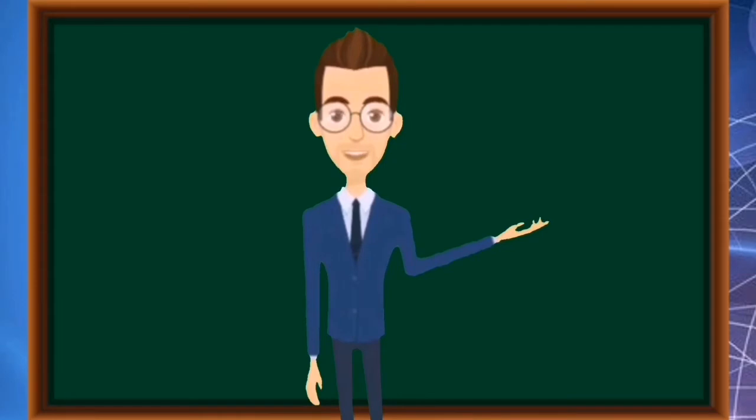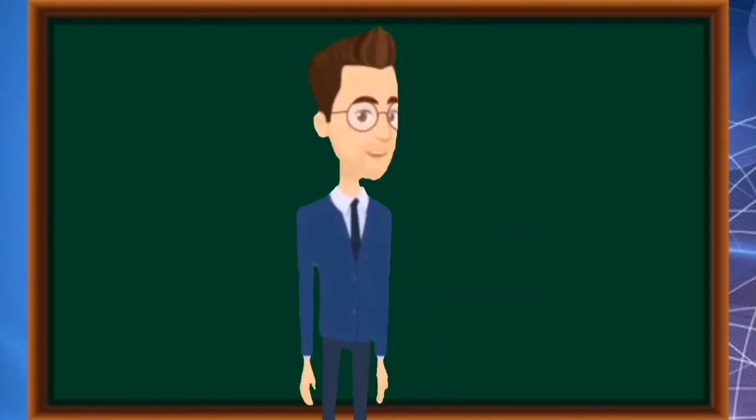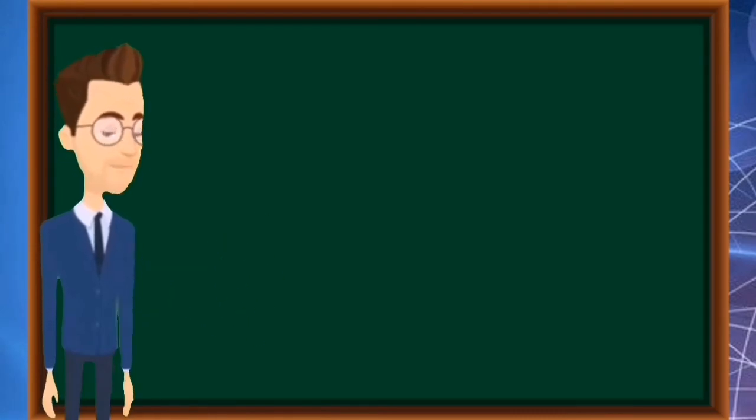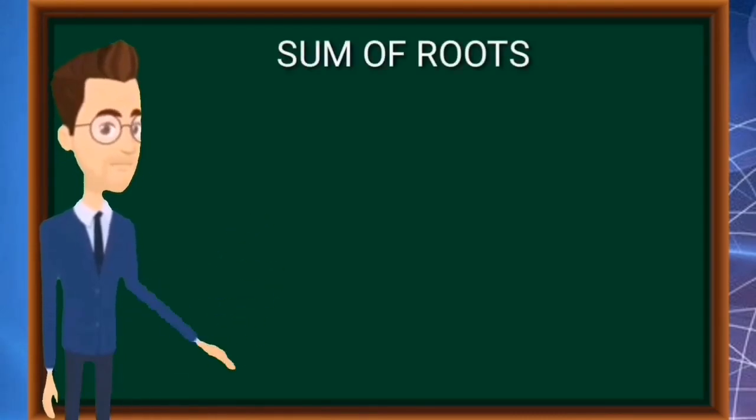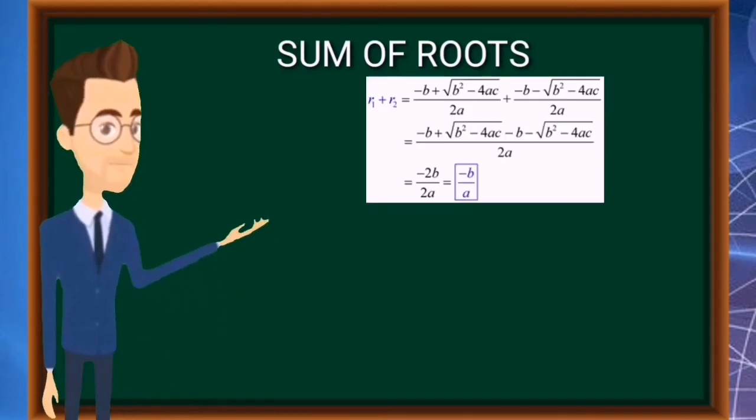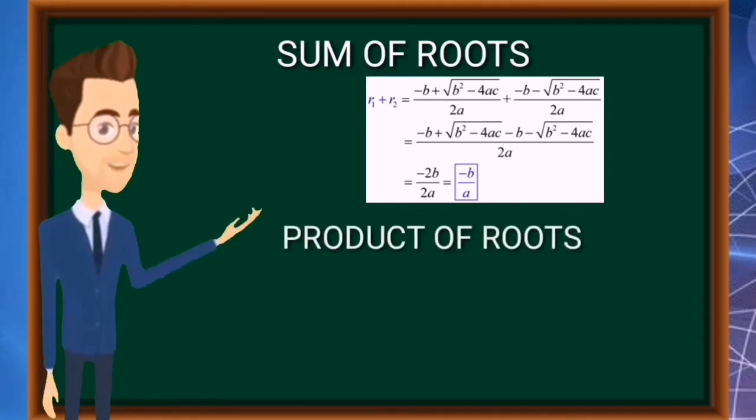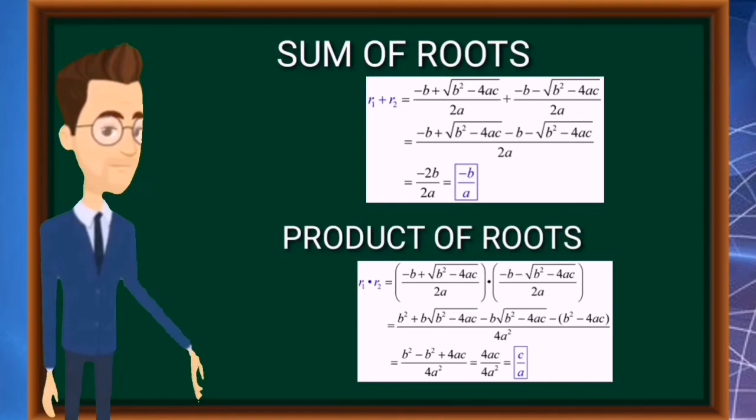The quadratic formula helps us derive another formula to solve the sum and the product of roots in an easier way. The derived formula of the sum of roots is negative b divided by a. And the product of the roots is c divided by a.